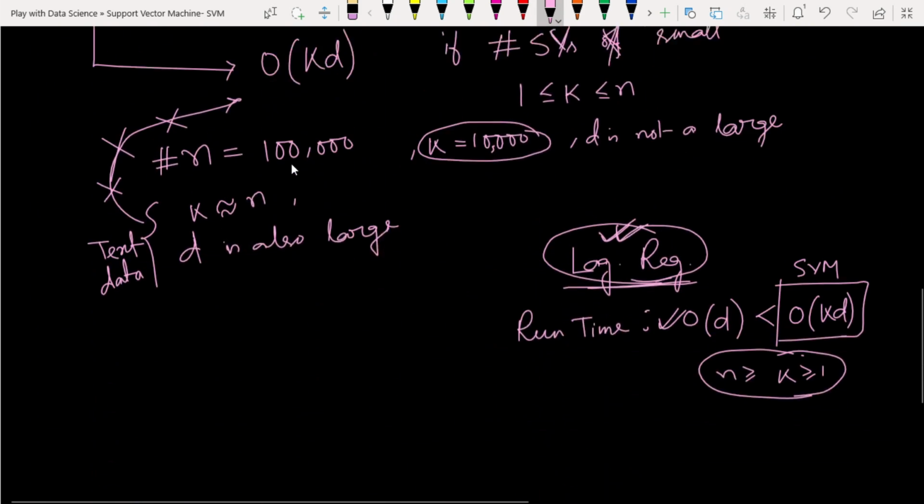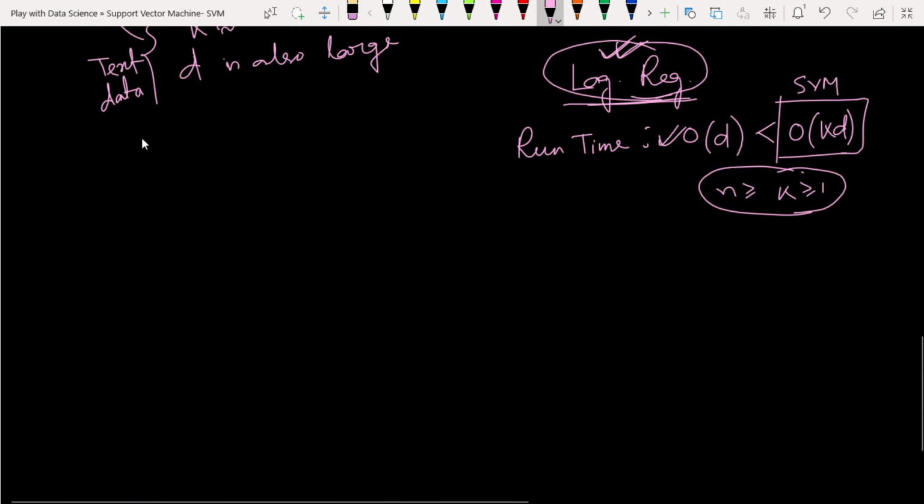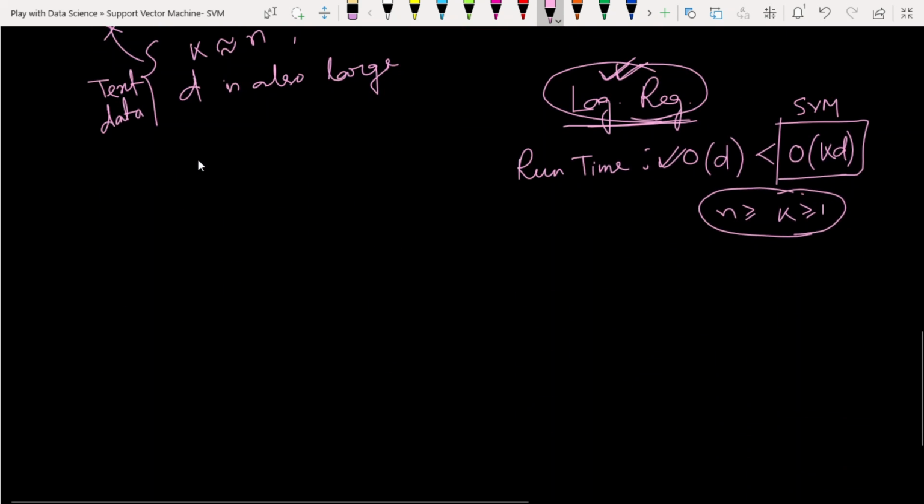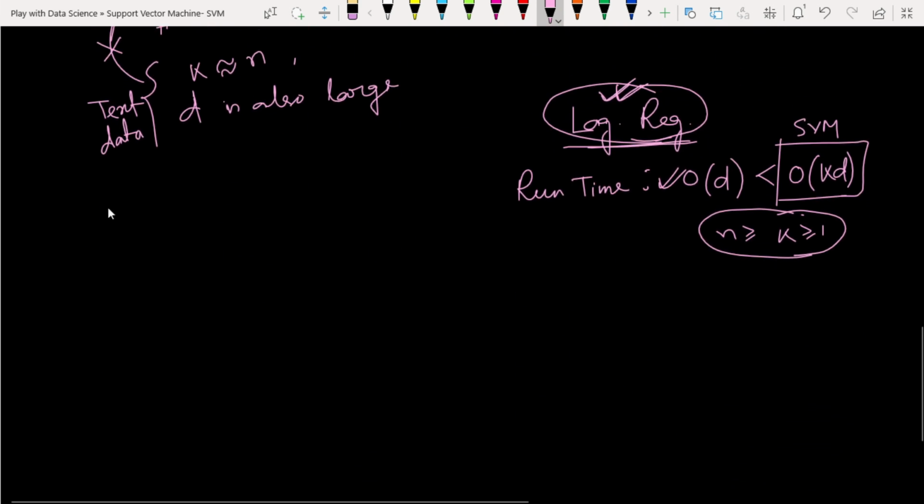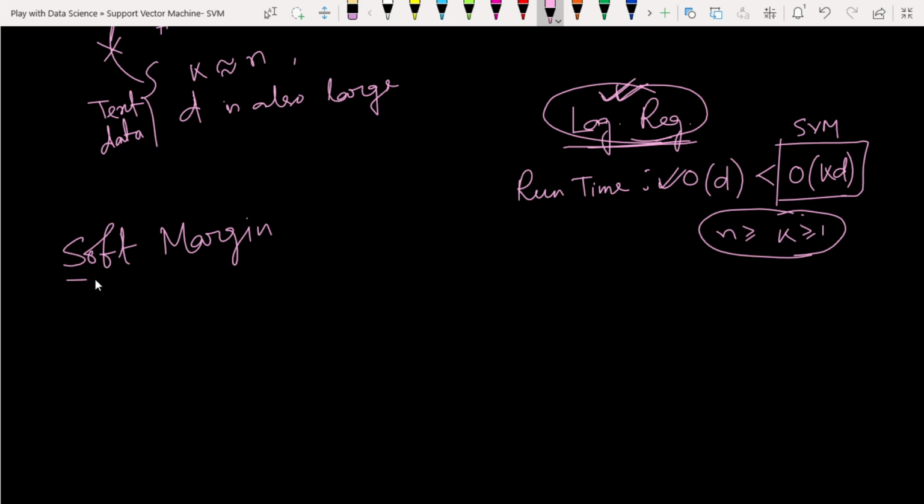Also, before finishing this lecture, remember there are two hyperparameters. If you consider the soft margin SVM with the RBF kernel, here we have two parameters, C and sigma.